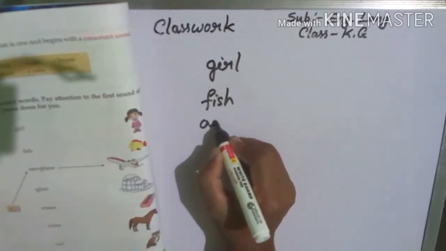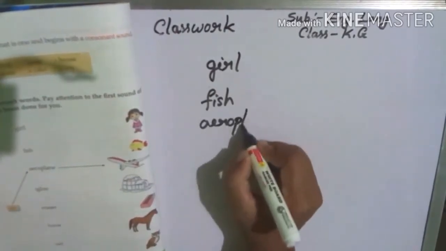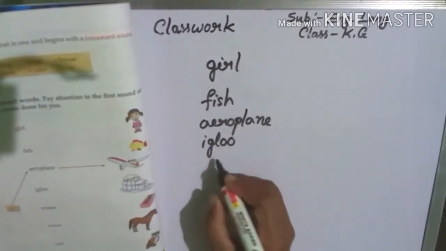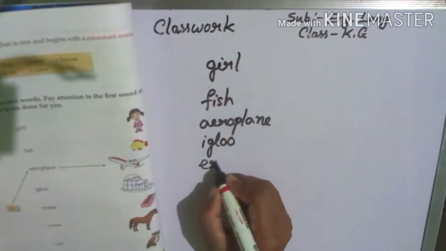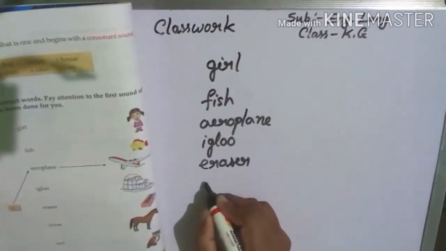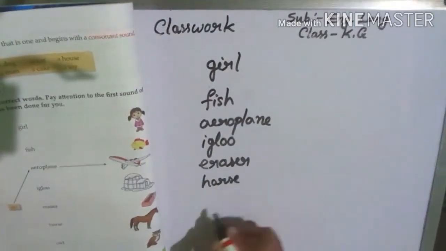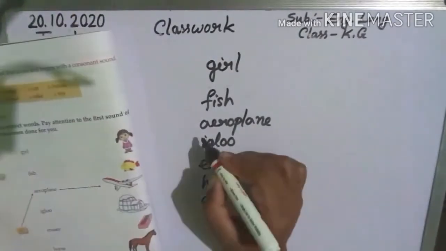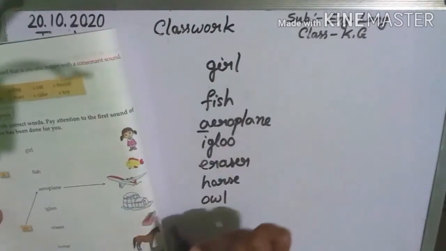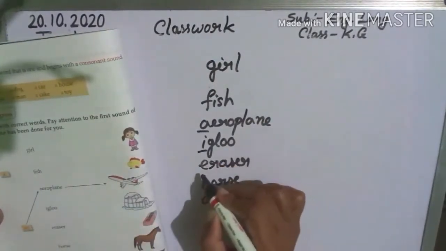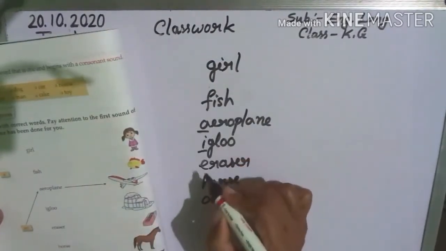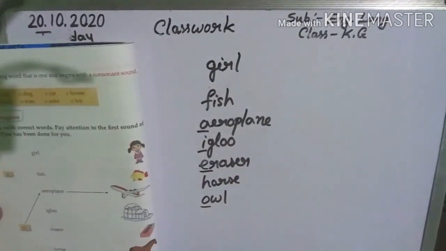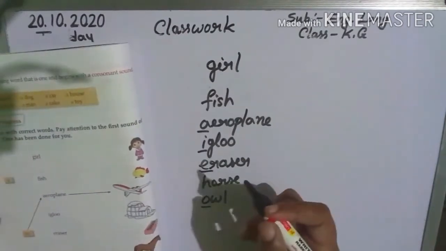Follow me everyone. Aeroplane, igloo, eraser, horse, owl. So first you find the first vowel. A, E, I, O, U. You know.